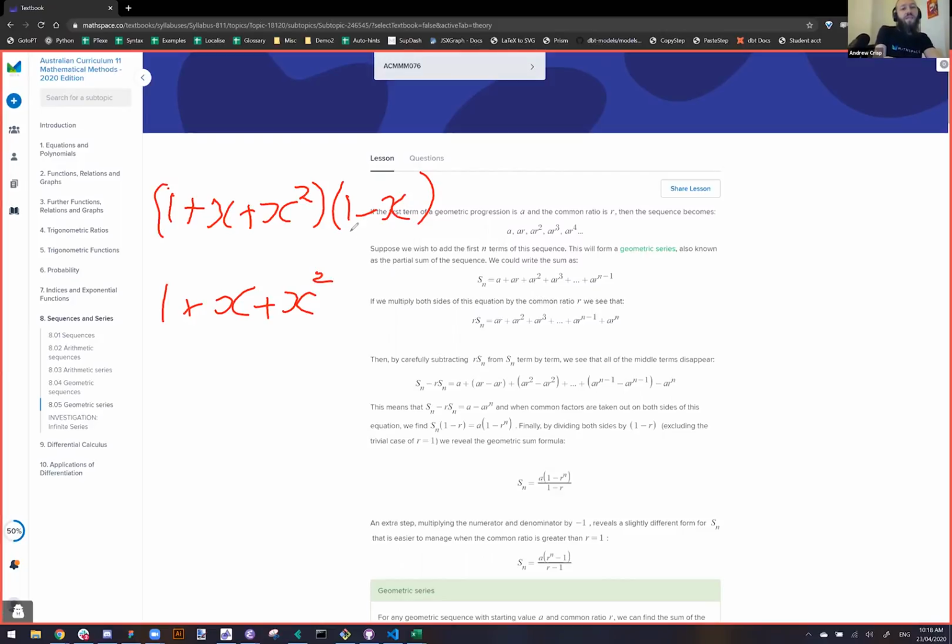That's this part multiplied by this. And then we're going to be subtracting the same thing multiplied by x, minus x, minus x squared, minus x cubed. And the cool thing that happens is that these cancel out and these cancel out. So I'm left with 1 minus x cubed overall.